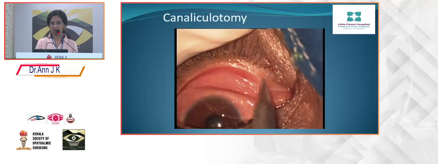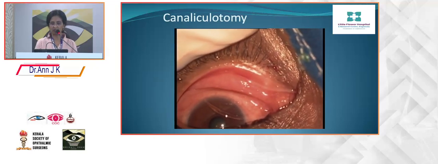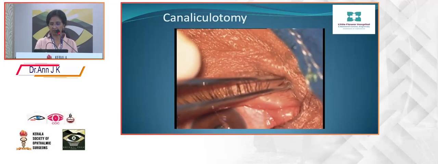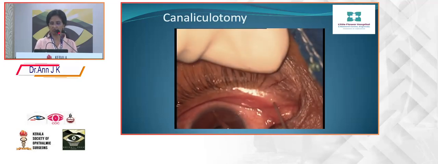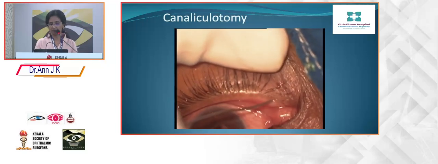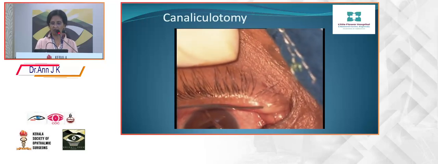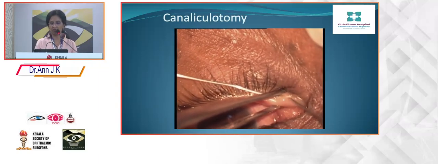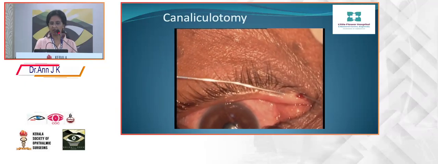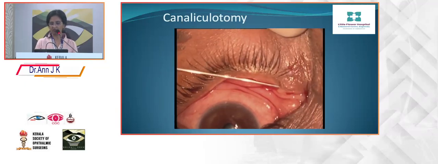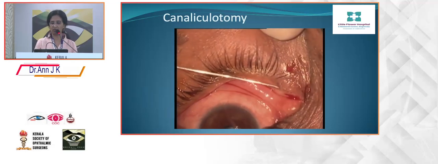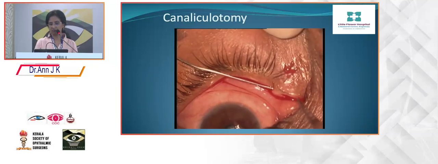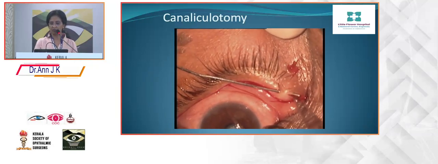What you do is cut over the horizontal canaliculus, partial thickness, and you can curette the concretions from the horizontal canaliculus. This is just to support the canaliculus, passing a probe, then doing a partial thickness incision. The wall should be cut completely till you see the end of the canaliculus, the probe inside the horizontal canaliculus. So now it is full thickness.